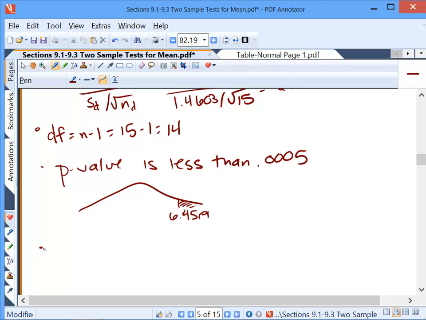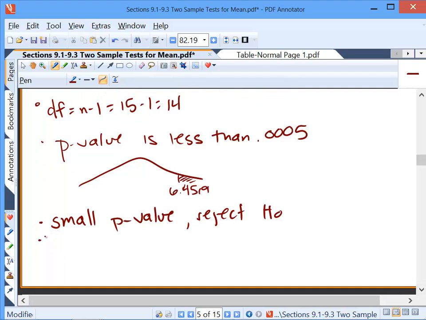So smaller, bigger, small p-value. And do I need to reject or fail to reject my null hypothesis? So I heard someone say reject. So small p-value, so I will reject my null hypothesis.